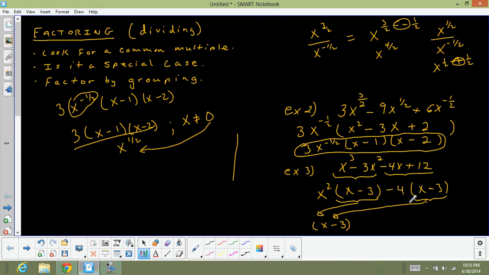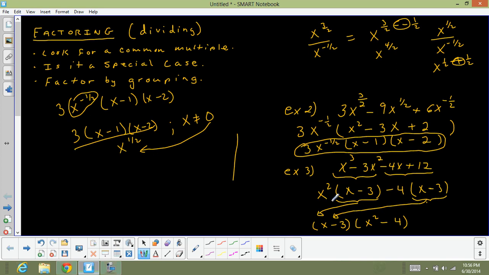Here they both share an x minus 3, so we're going to factor out that x minus 3, and that's going to leave me with an x squared, because if I have x squared times x minus 3 and I divide out x minus 3, it leaves me with an x squared. And the second term, the minus 4 times x minus 3, when we divide out the x minus 3, that's going to leave me with a minus 4.